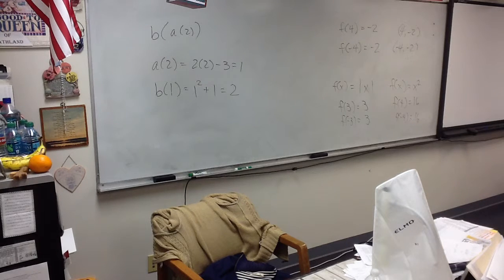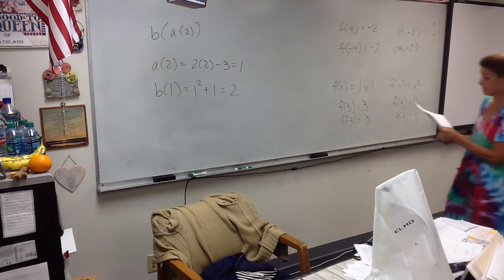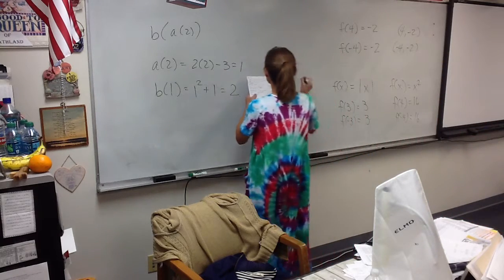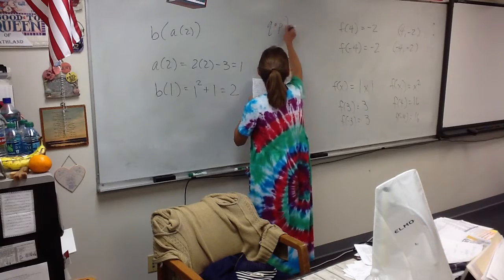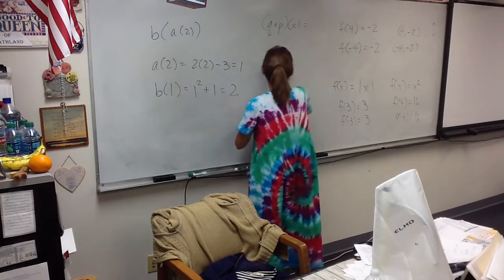What are the 3 things? Square. Well, let's do it in order. So we're going to square, times by 8, and add 5.